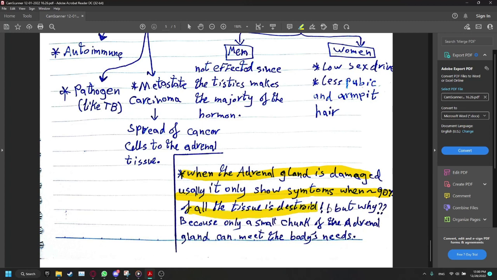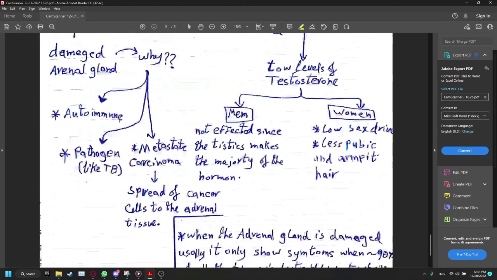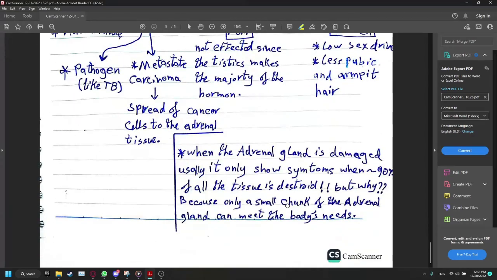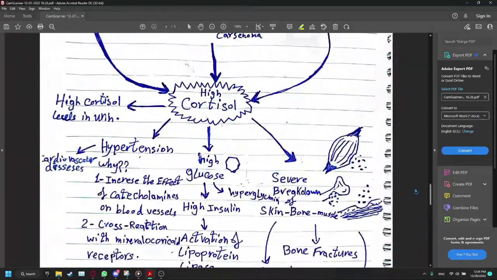But why? Because only a small chunk of the adrenal gland can meet the body's needs. So this is important clinically. And that's pretty much it about Addison disease.